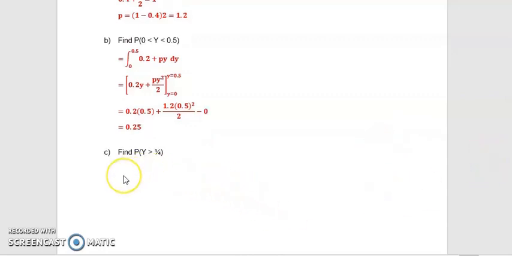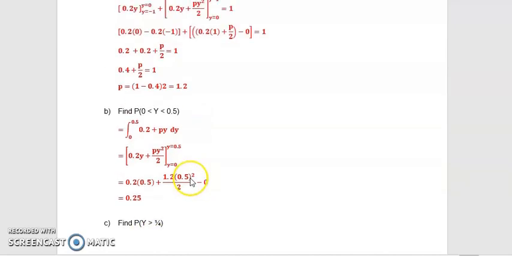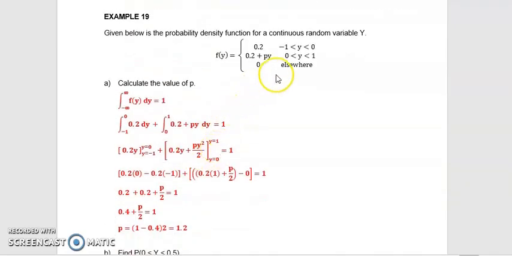Okay, question C, find probability of y more than 1 over 4. Okay, so we know that 1 over 4 is also equivalent to 0.25. So if you look at the function given here, locate where is interval 0.25 or 1 over 4. So 1 over 4 is located within this interval, right?